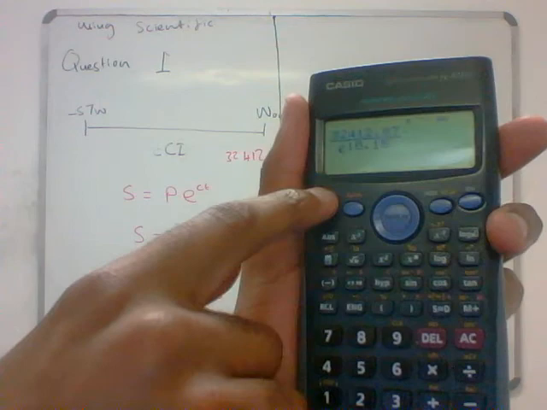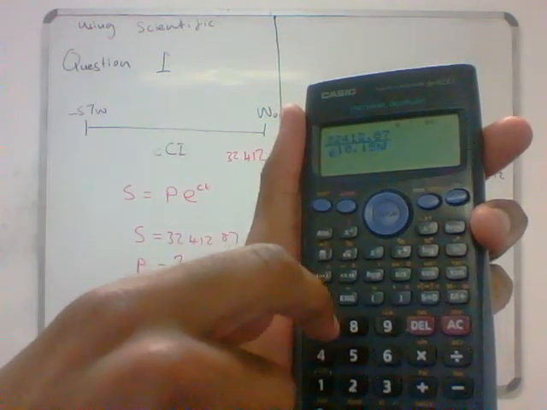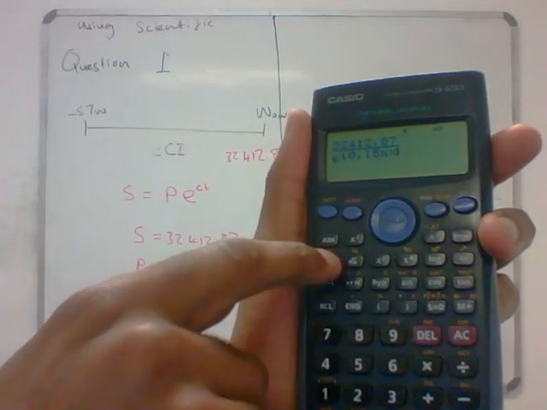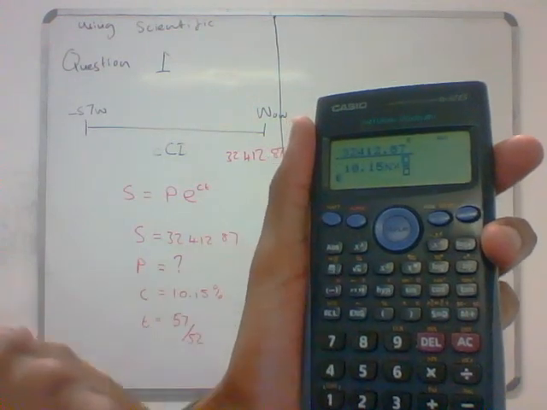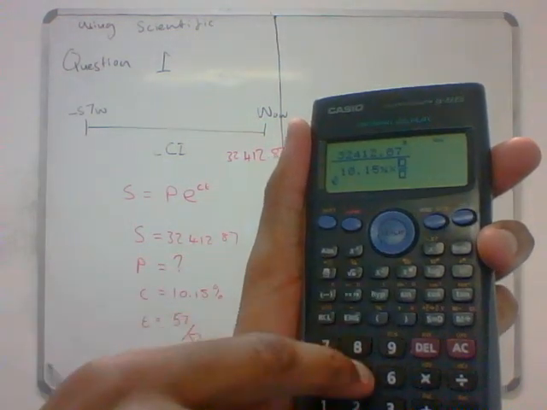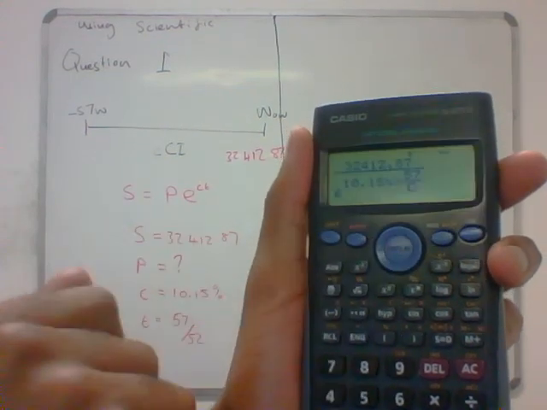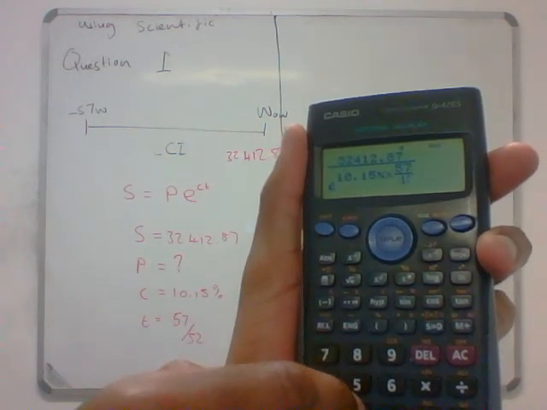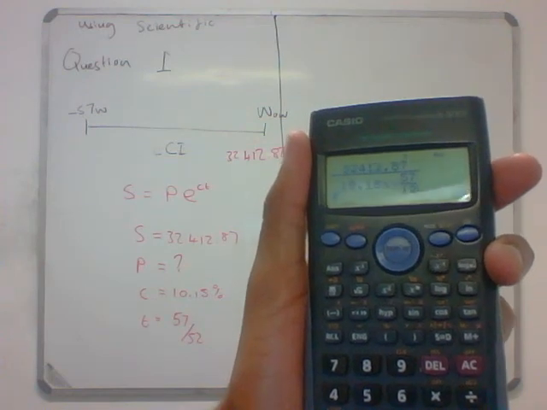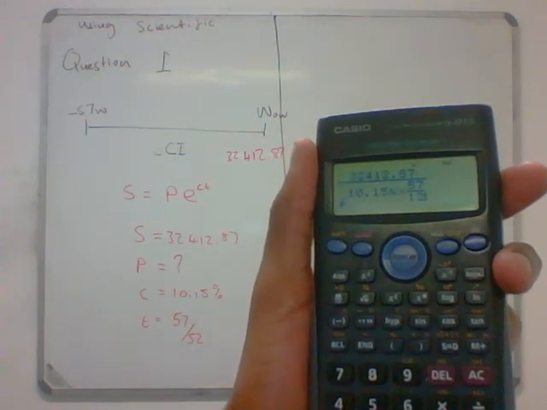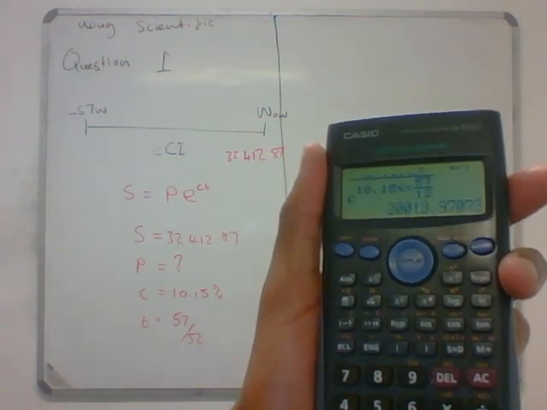Percent is in yellow, so I press Shift first, then percent, times. Then I put the fraction that follows, 57 over 12. I've typed in everything now, then I just press equals.